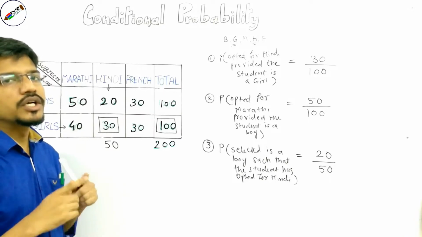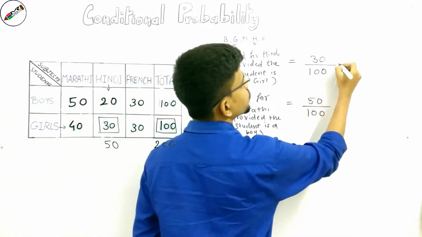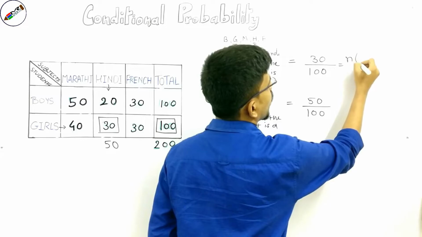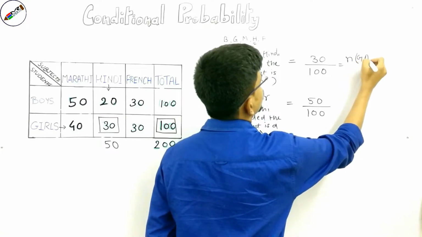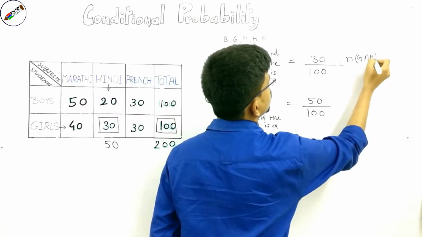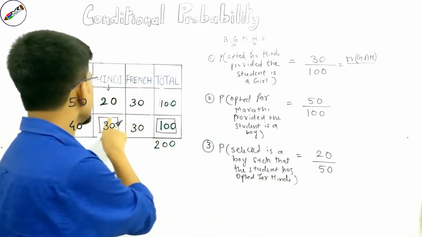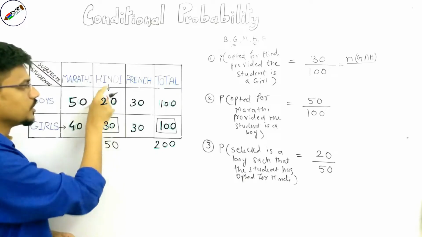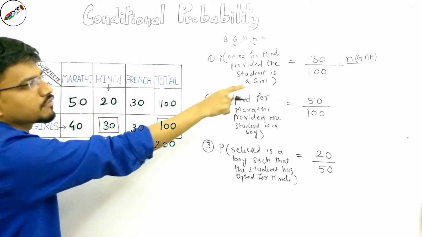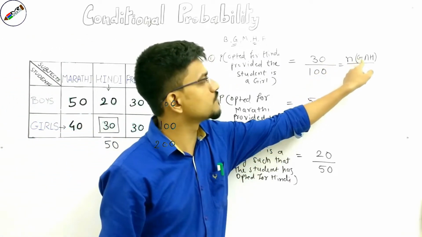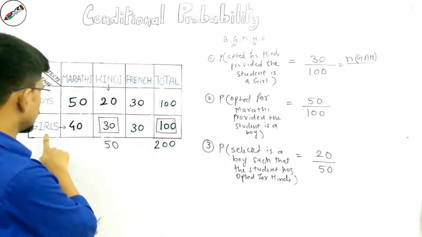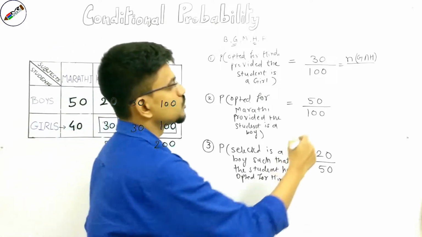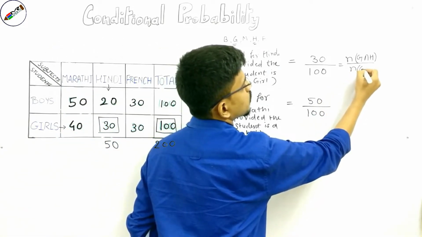Now for us, intersection is nothing but number of G intersection H. Right? So 30 can be written as number of G intersection H. And I have written number because 30 is the number of G intersection H. Similarly, you can check what is 100. It is nothing but the number of girls. So you would write down number of girls.